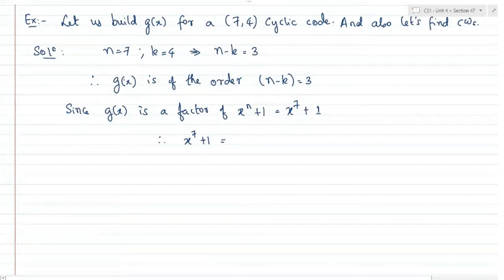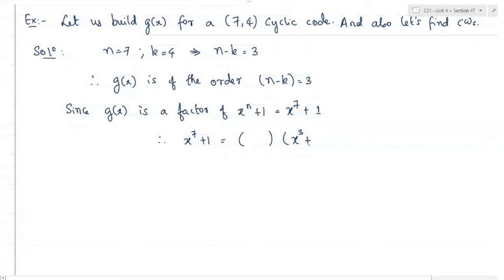Some polynomial multiplied with the generator polynomial should give you x power 7 plus 1. One of them would be x power 3 plus x square plus something. Since the generator polynomial should be of order 3, I take the highest degree as 3.